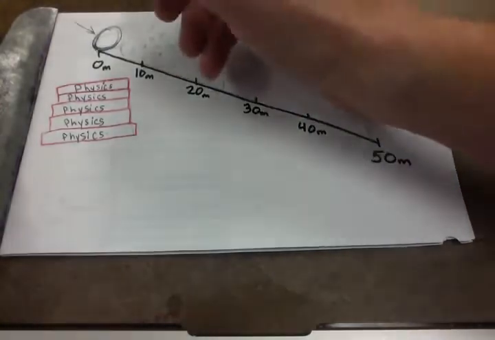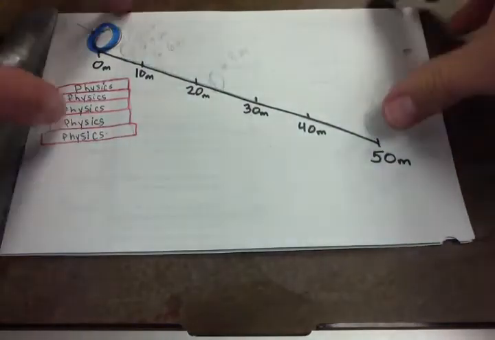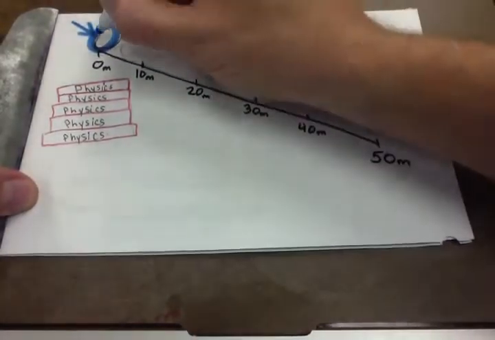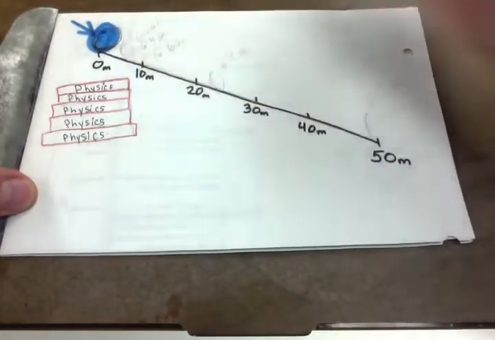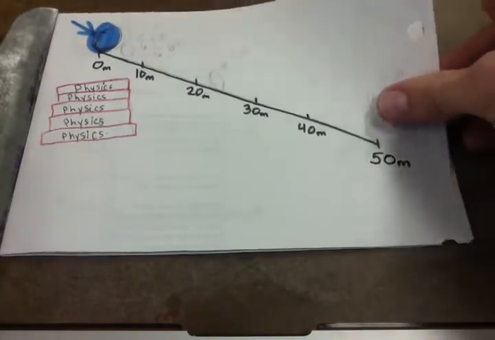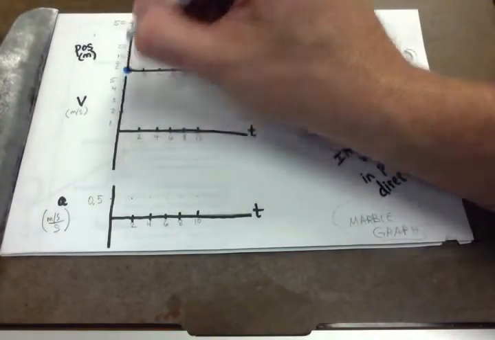All right, let's start us off here at 0, 0, and we're going to have this thing coming down the ramp. So here's my marble, and it's going to be at 0, 0 to start with. So I think a good thing to think about is if I'm going to do a position time graph, I'm going to start myself right here at 0, 0.